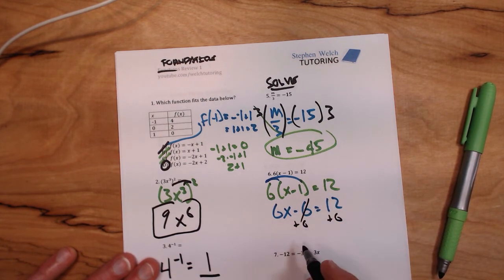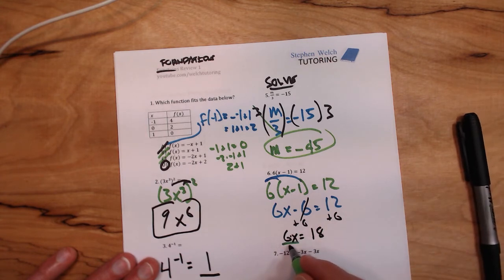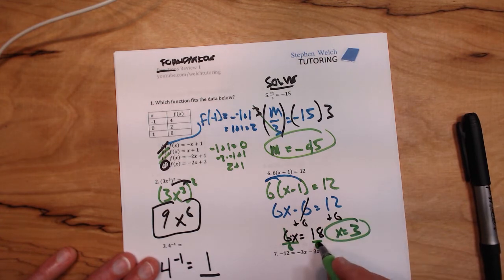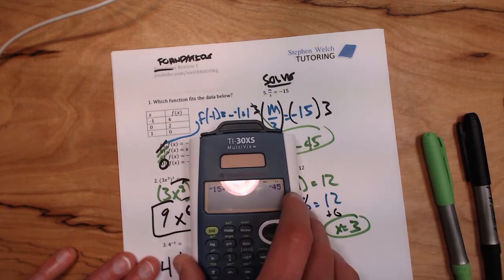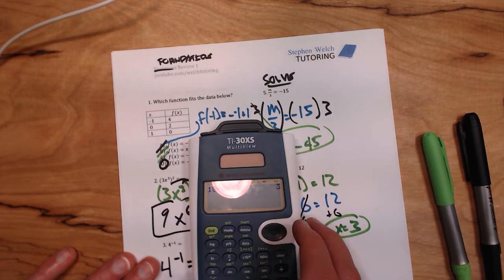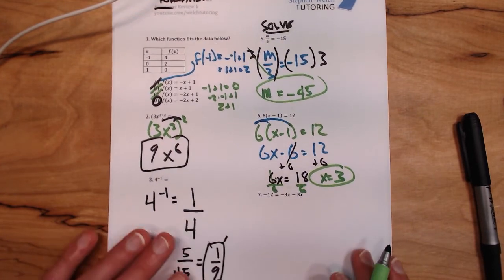These cancel. I have 6x equals 18. Now remember, these are multiplied. Opposite of multiplying is dividing. These cancel, and I have x is equal to 3. You can use your calculator for that last step if you like. 18 divided by 6 is 3. There you go.